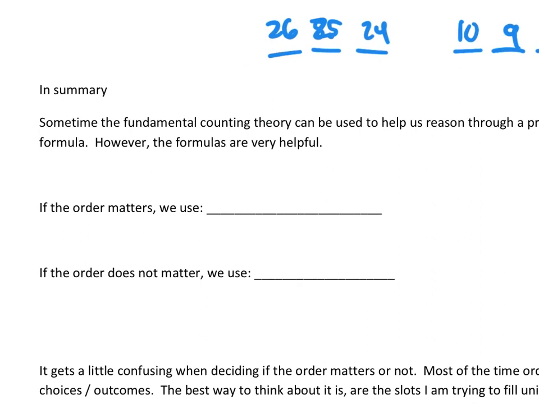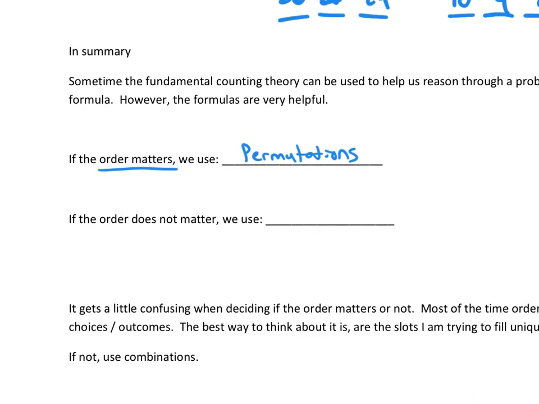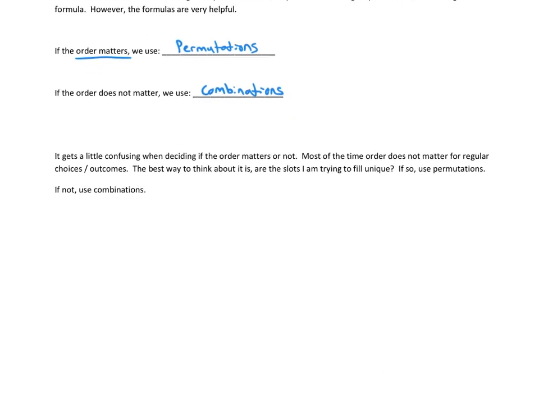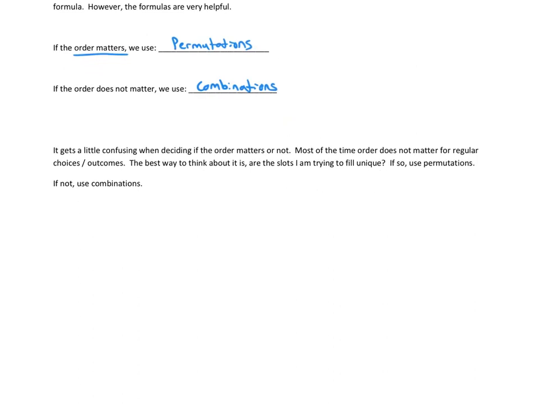The important thing to remember is if the order matters, we need to use permutations. So that's like president, vice president, secretary. If the order does not matter, we're just looking for what's called combinations, the total number of combinations. It gets a little confusing when deciding if the order matters or not.